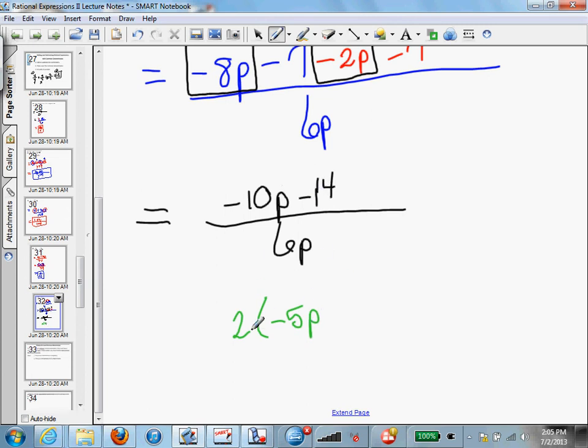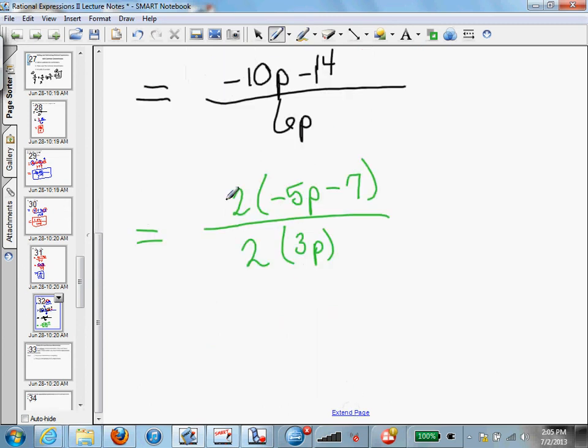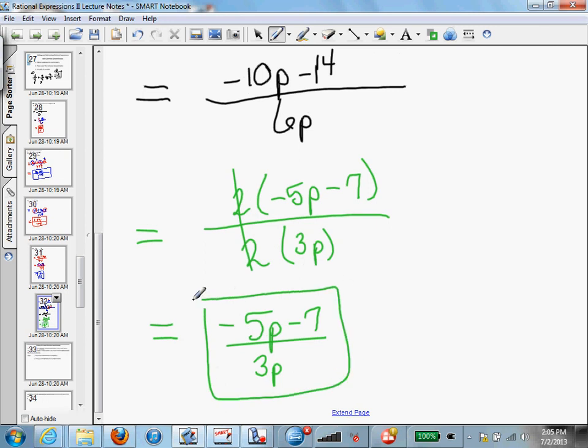Okay, and we see that negative 14 divided by 2 gives you a negative 7 on top and on bottom. We can pull a 2 out there, and 6p divided by 2 leaves you with 3p. Notice those two 2's can cancel out, leaving you with the quantity negative 5p minus 7 over 3p as the denominator, and that is the solution to that problem.